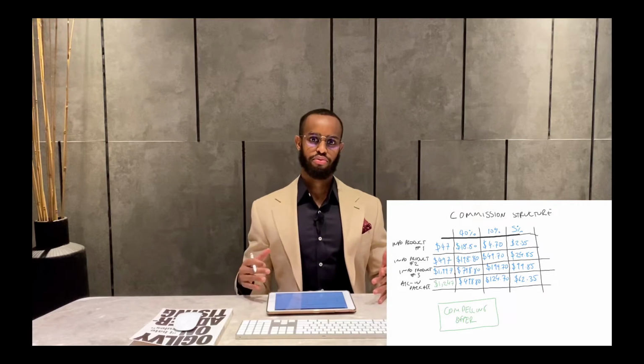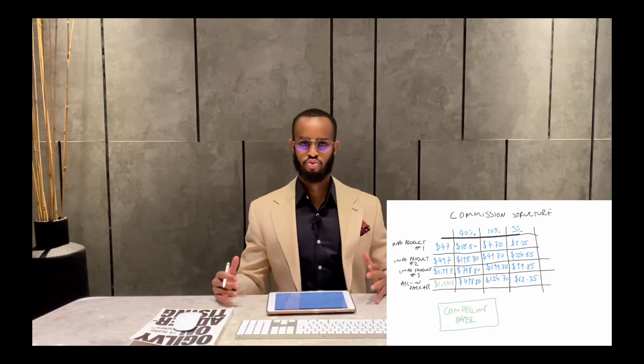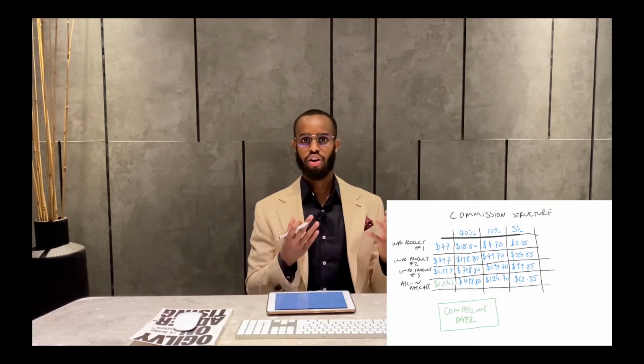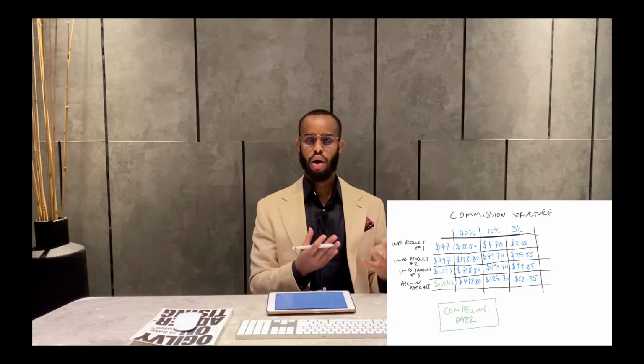Have you ever noticed that one person can sell the same product as another person, but for some reason, one of them gets rich and another person remains poor? It's nothing to do with the product or the quality of the product. It's all to do with how compelling the offer is. And the offer basically means, what does the product do?